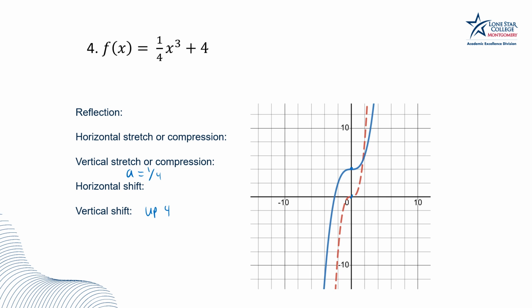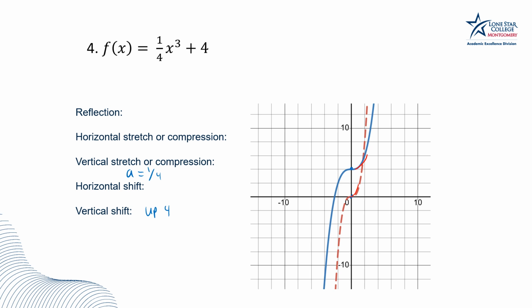Specifically, if you look at this portion here compared to this one, the 1/4, that vertical compression, widens the curve on the left and right of the anchor point, so to say.